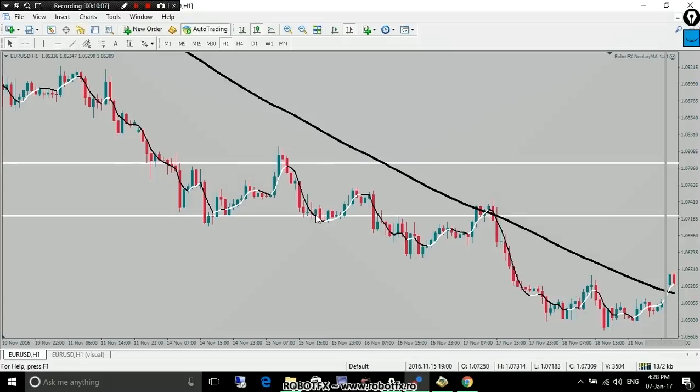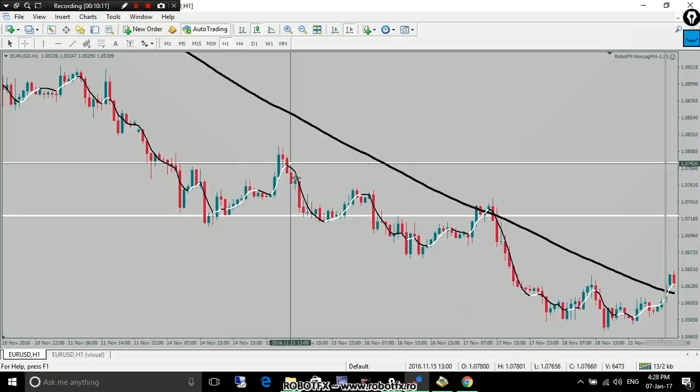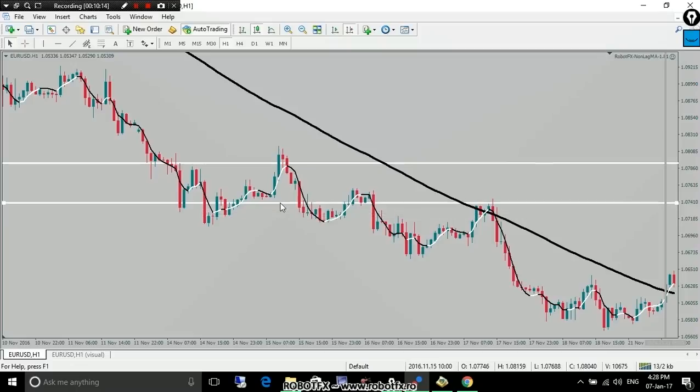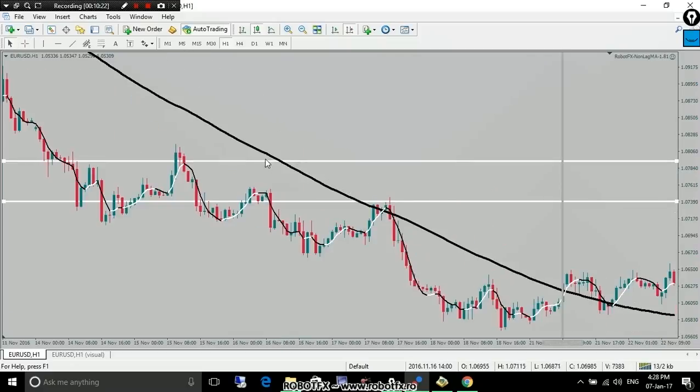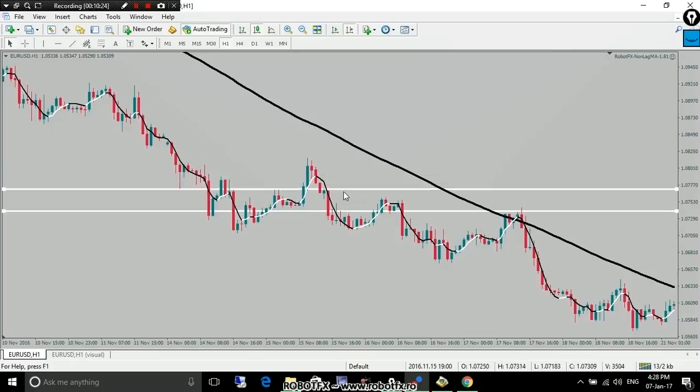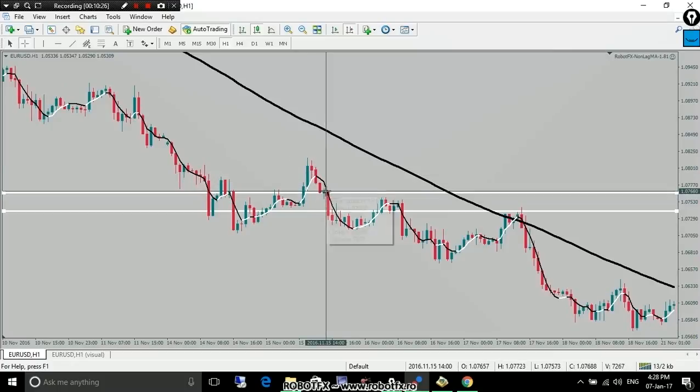So this is the hedging zone. As soon as the first trade is placed, the expert advisor will draw these levels, well, we remember the entry price, which for, let's say, this sell would have been here, and the stop loss distance away in pips.